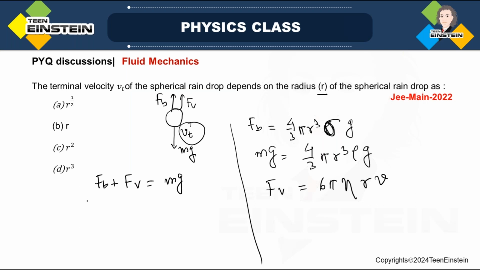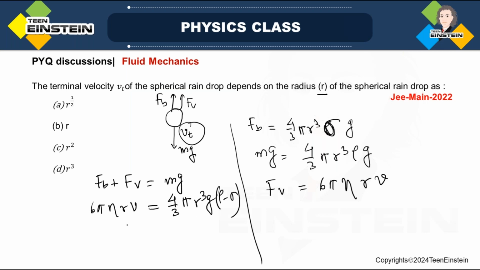Let me put these values, keeping v on this side: 6 pi eta r v equals 4 by 3 pi r cube into g into rho minus sigma.